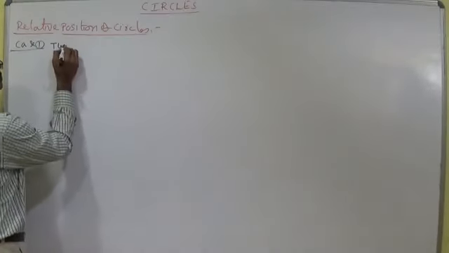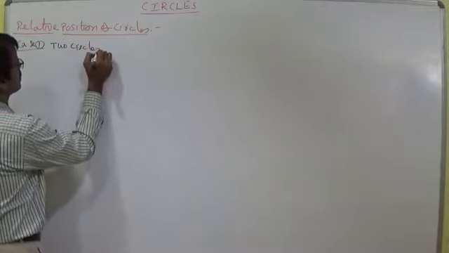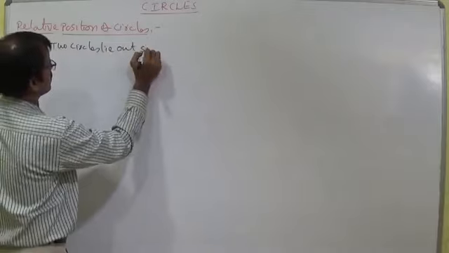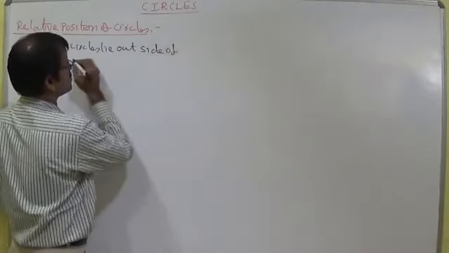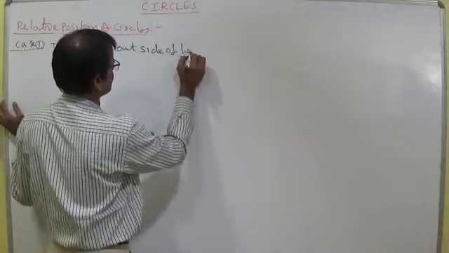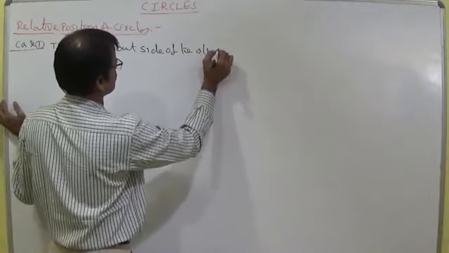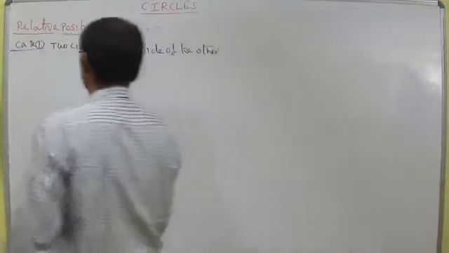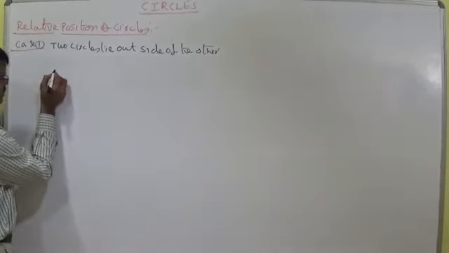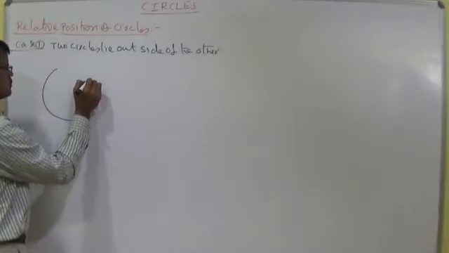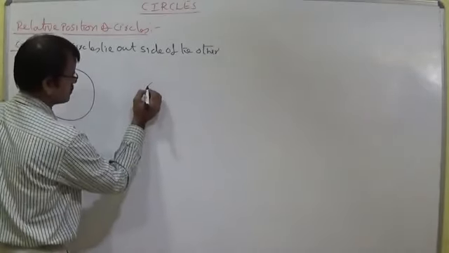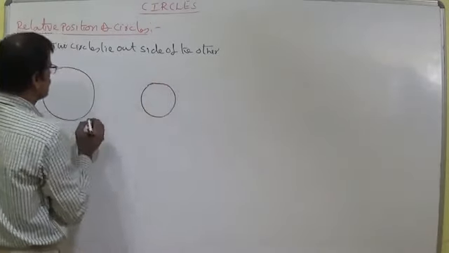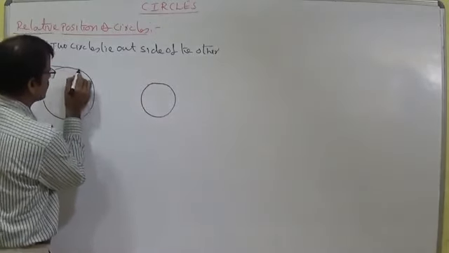2 circles lie outside of the other. Now let us draw the diagram. Here 2 circles lie outside of the other.